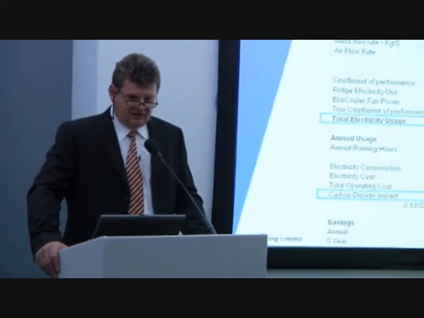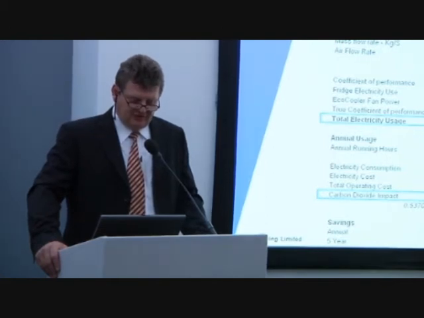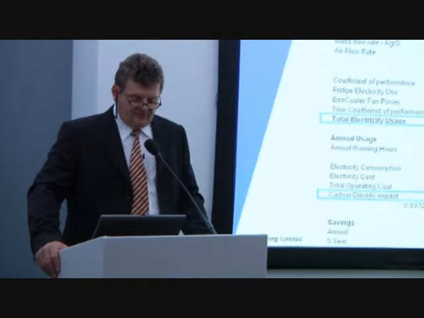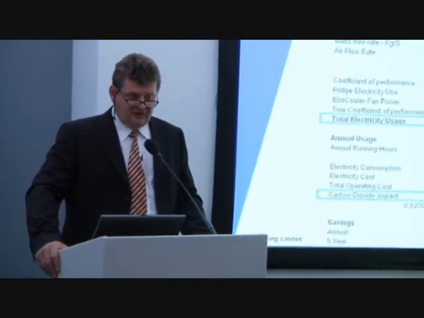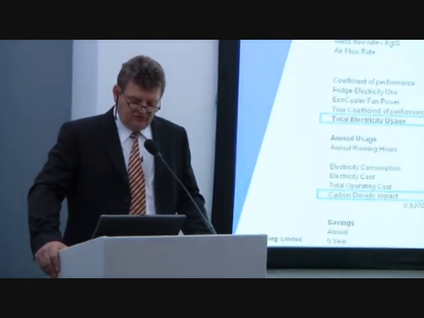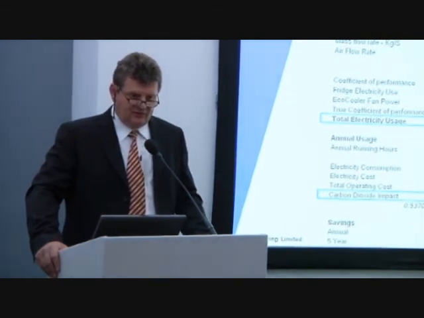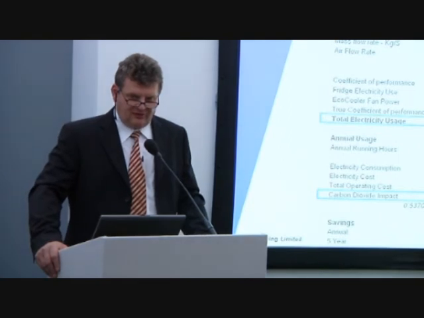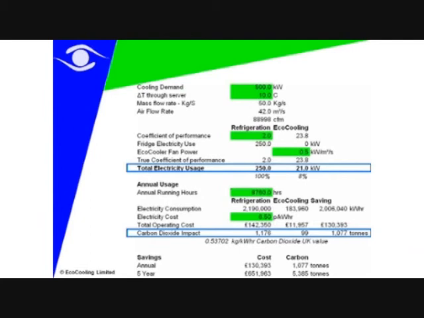Now down to the finances of this. 8,760 hours in a year. We can't get away from 24/7, 52 weeks. A lot of hours. So the M247 project, if they'd have gone down the existing conventional CRAC route, would have been using over 2 million kilowatt hours of electricity per year. The Ecocooling system would require less than 200,000.